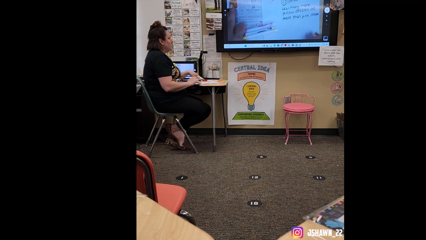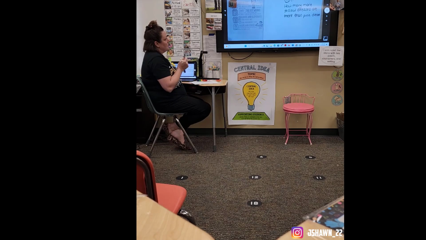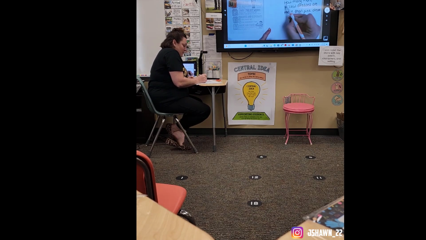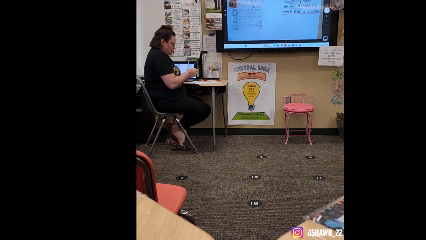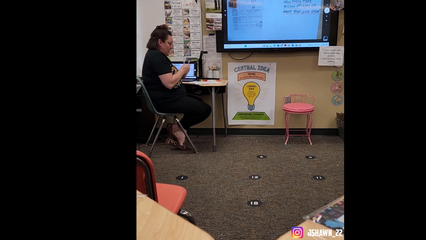And since this cube is orange, that's what we're going to use. We're going to use orange crayon, orange colored pencil, whatever you have with you that's orange. And we're going to underline the question. It says, what am I being asked to solve? I'm being asked to solve how many more yellow dresses are there than pink dresses? That's the question. And let me make sure we have a question mark at the end. That's what they're asking me to solve.